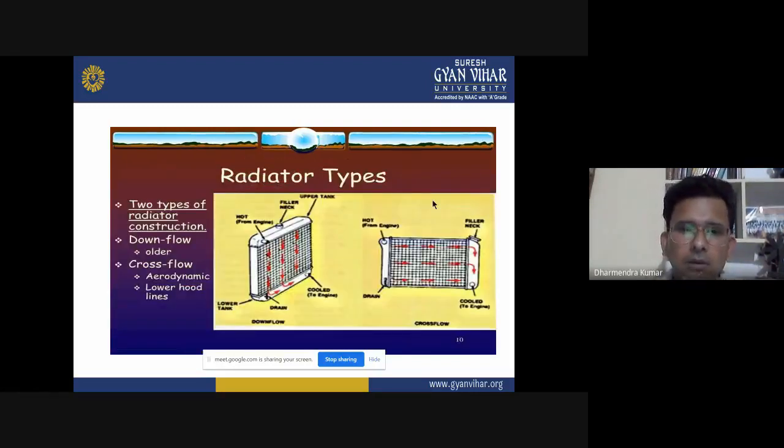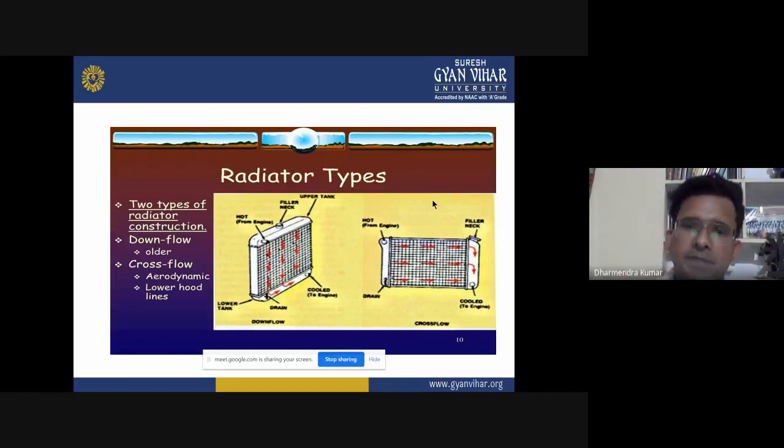Now, the radiator types. There are two types of radiator construction: downflow and crossflow. Downflow is normally used in older designs, a very old design, and crossflow is what vehicles from the last five years are using.